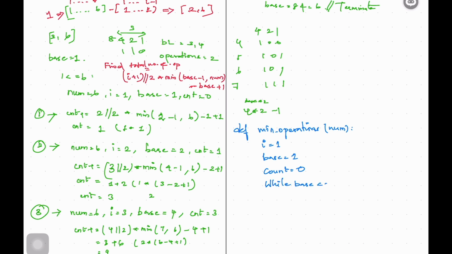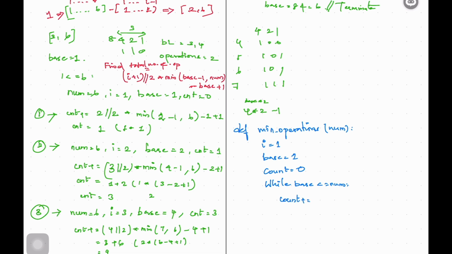Now, while base is less than or equal to num, let's assume base is nothing but 1, 2, 4, 8. And i is nothing but our binary length. Got it? Now first we will be counting for each binary length.